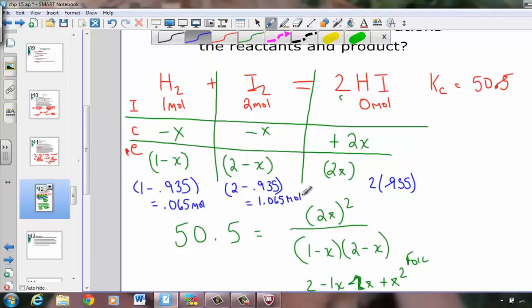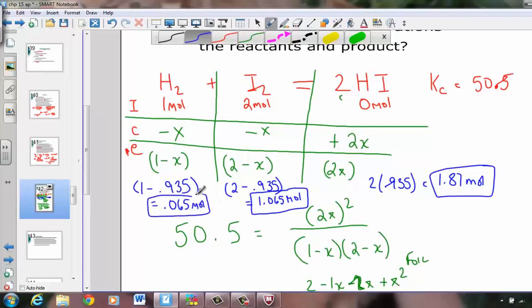And 2 times 0.935 gives us an equilibrium concentration for the HI as 1.87 molar units. So my three answers: the concentration of HI, 1.87. The concentration of iodine, 1.065 moles. And the value for the hydrogen, 0.065.